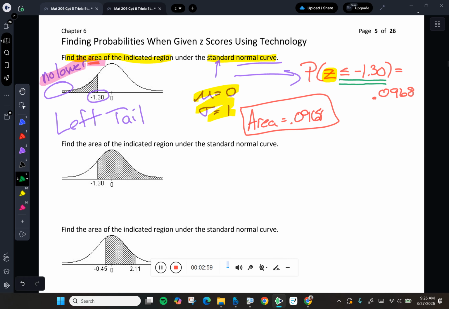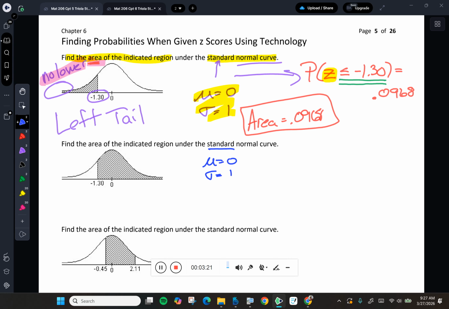Now, when I look at the second problem, I can treat this problem one of 2 ways. Hopefully, you're noticing, standard normal again. So that means that we've got a mean of 0 still, a standard deviation of 1. But is this problem the complement of the one we just did?